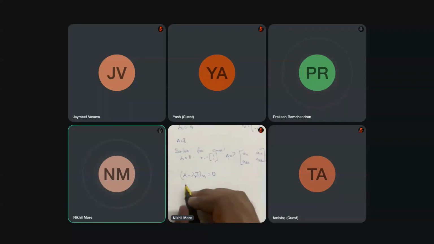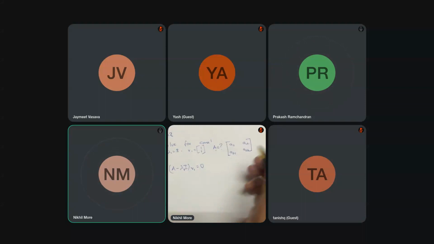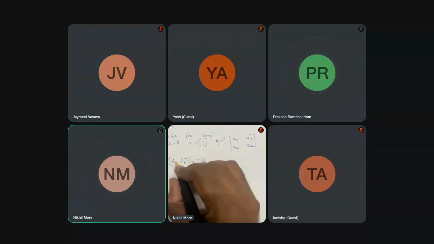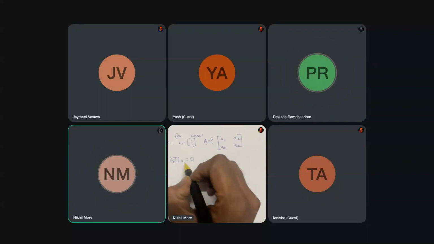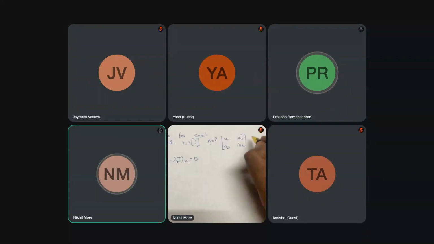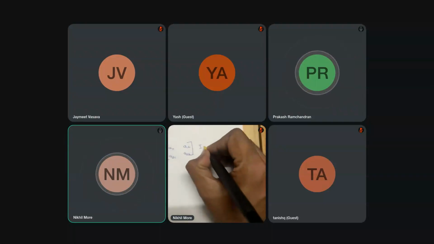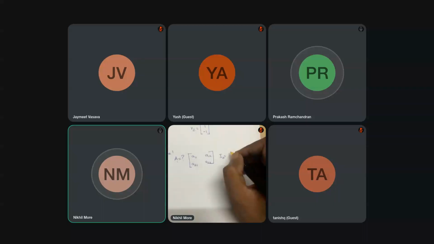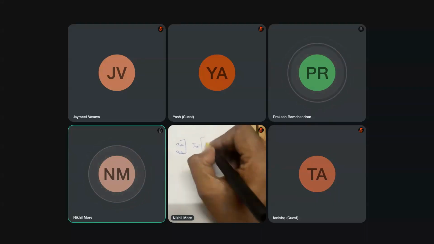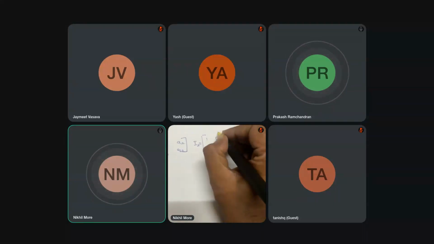Now we'll replace the values of A, which we have to find. The lambda we already know. I is the identity matrix, I2, because we are doing it on a 2 by 2 matrix. So 1 0 0 1.